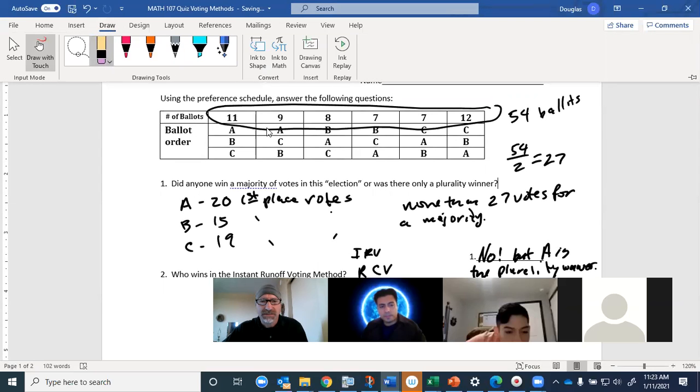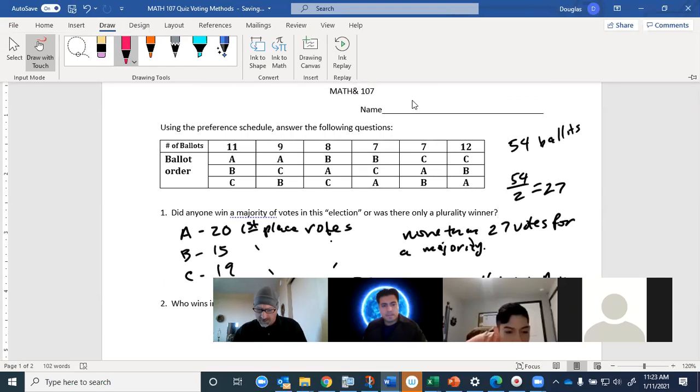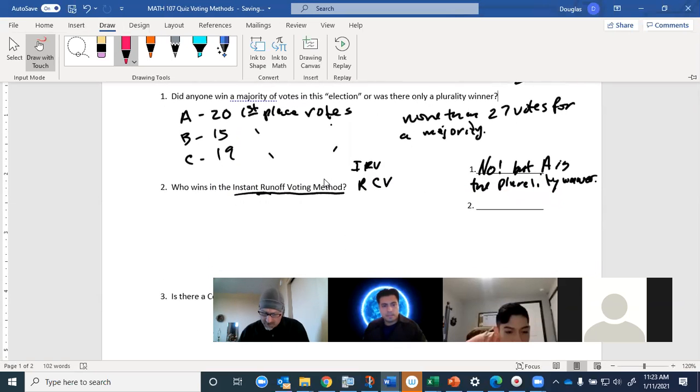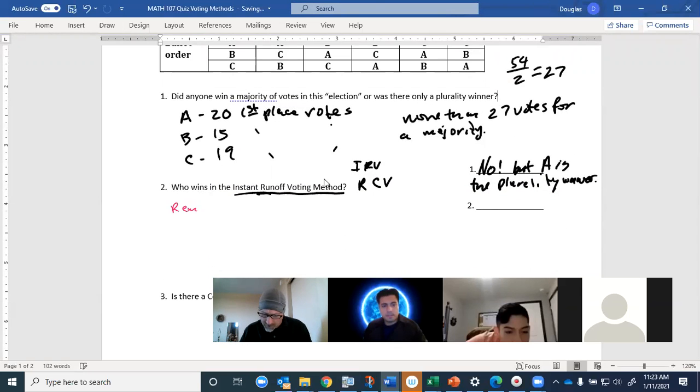Now I need to erase this. Here is instant runoff voting then. So instant runoff says take the last place, you remove the last place from the schedule.